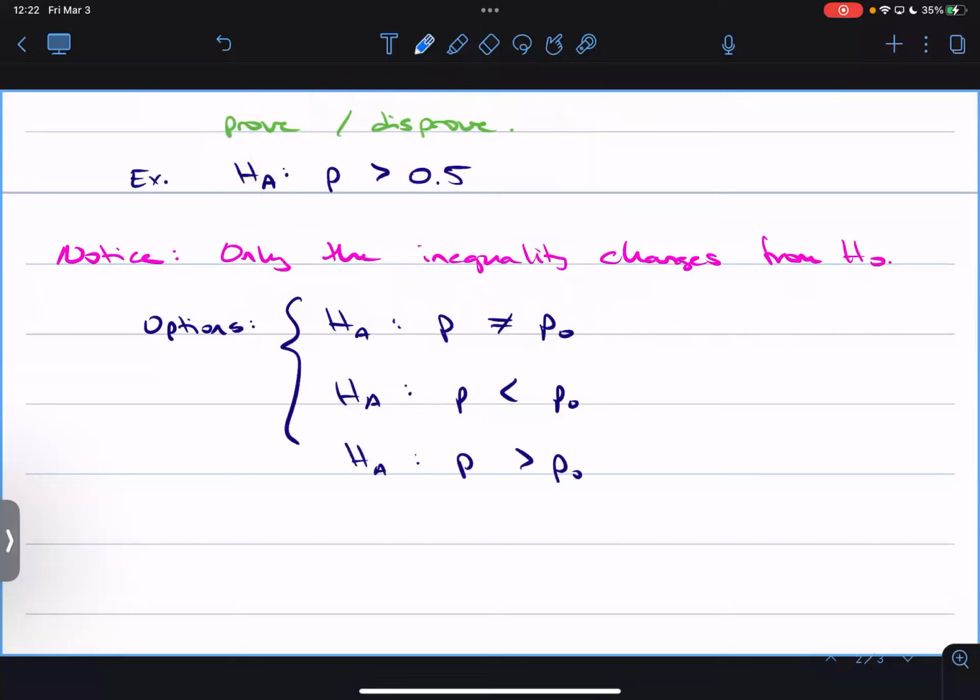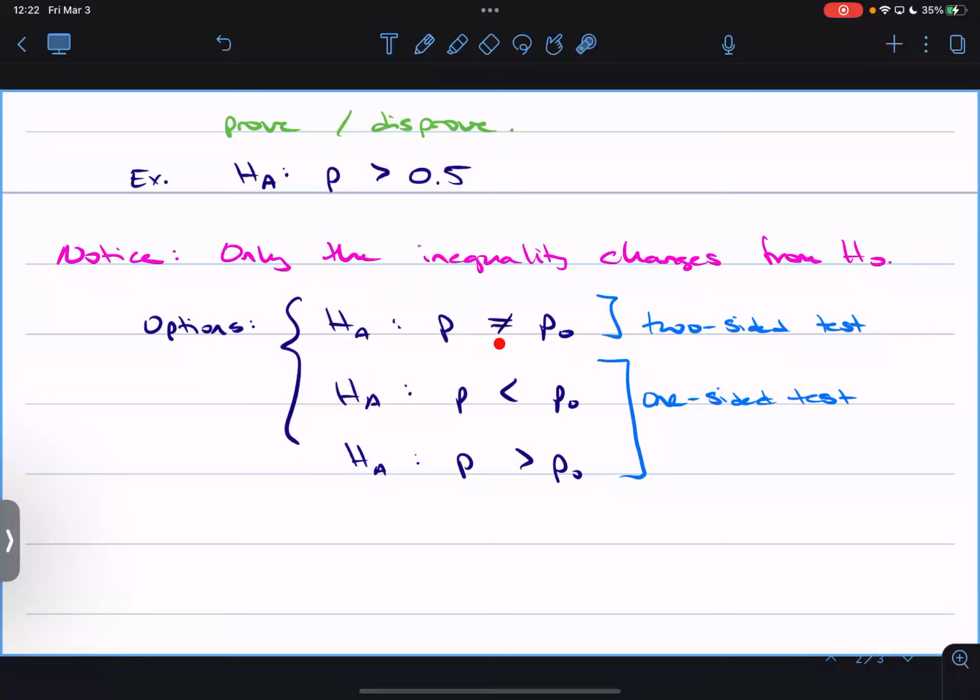These are what we call one-sided tests, and this is a two-sided test. That's going to be important later in step 3. Keep track of what type of test you have, so a two-sided or one-sided test.